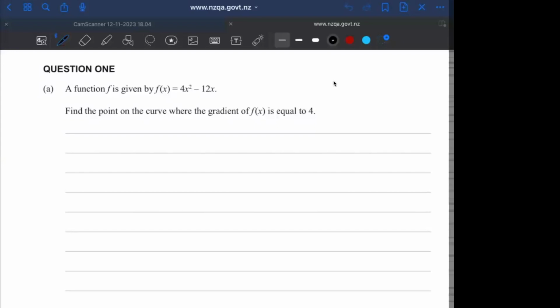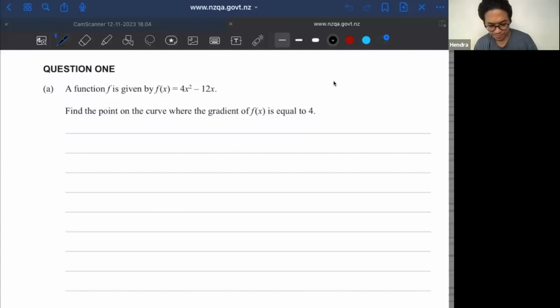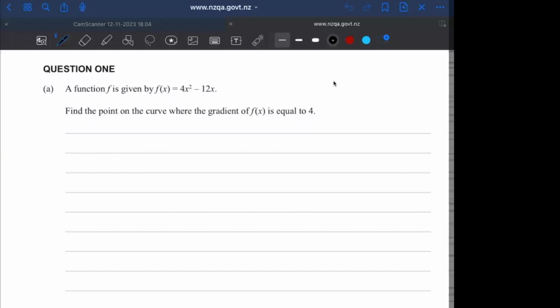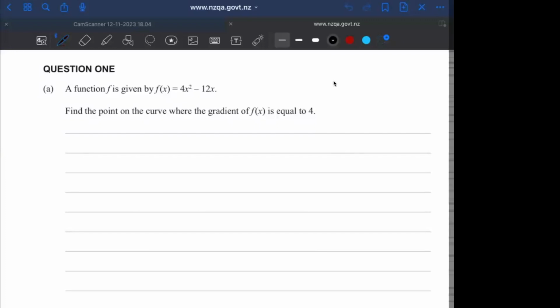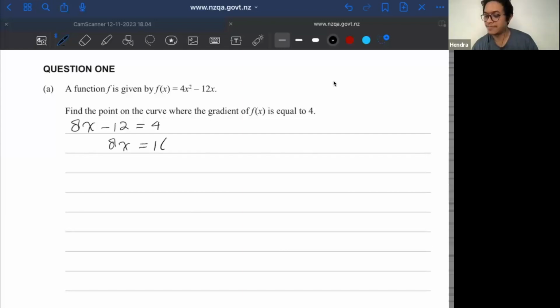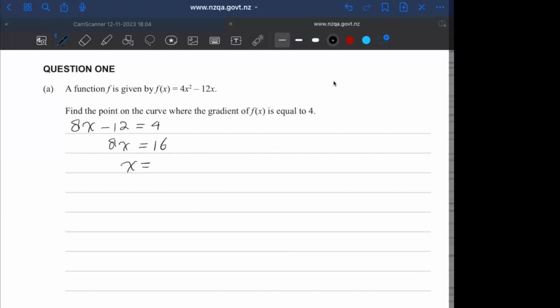So f prime x is equal to 8x minus 12, and that's equal to 4. So that must mean 16, x equals 2 at that point. So x then equals 2.